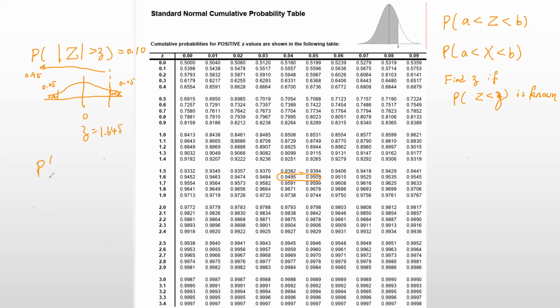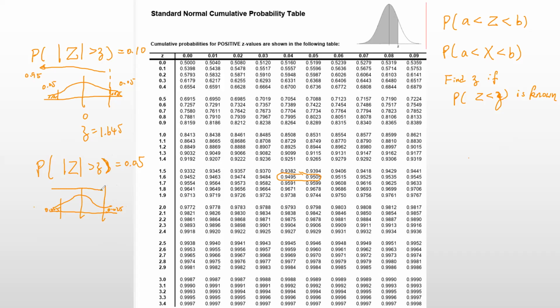Another one is when you have the tail probabilities at 0.05 total, so this is 0.025 and 0.025.